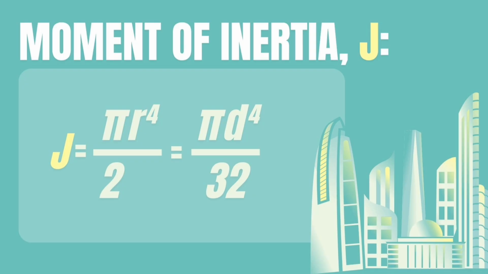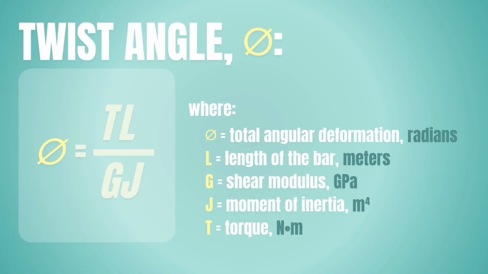So we are going to use pi times diameter raised to 4 over 32 if the rod is solid. Next, for the formula of the twist angle, twist angle is equal to torque times length over shear modulus times polar moment of inertia, and the angle of twist is measured in radians.